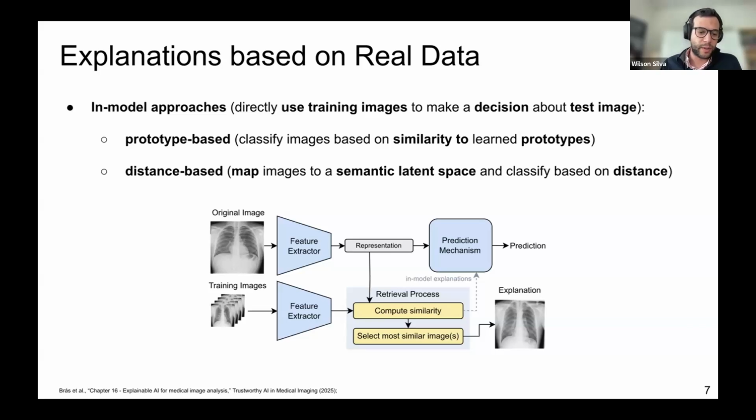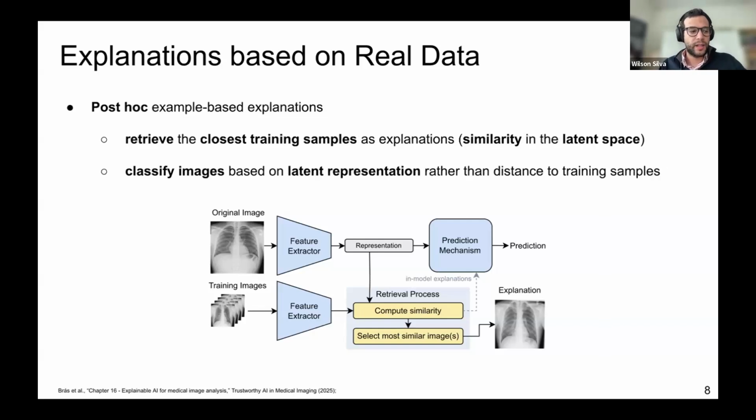But it can also be more refined, and instead of comparing similarity between images, we can compare similarity between parts of the image, and that is what is called prototype-based. And as I said, the other way of explaining is post hoc, where we have a model that is learned without having any case-based reasoning in mind.